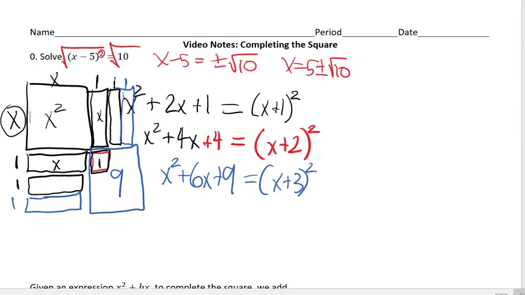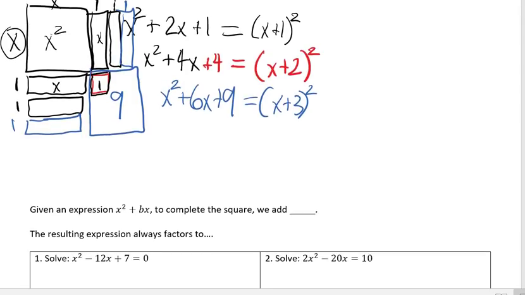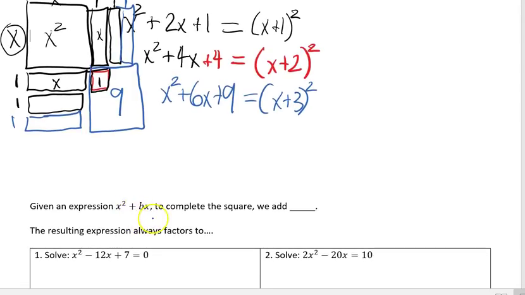So you might have noticed there's a pattern here. The number that I added every time is half of the x term, squared. So given some expression x squared plus bx, to complete our square, like we did in this picture, we always add the x coefficient divided by 2 and then squared.